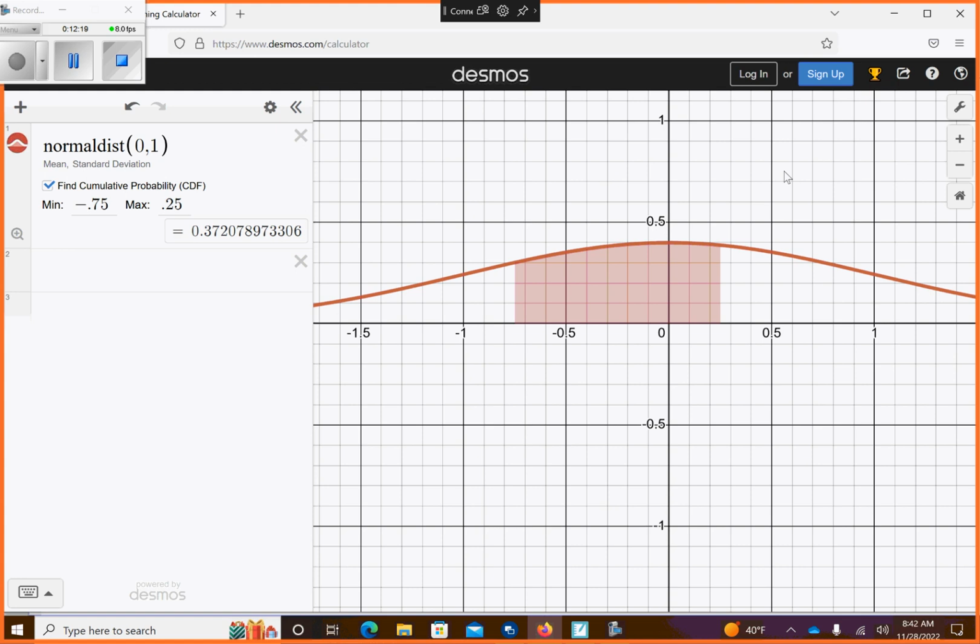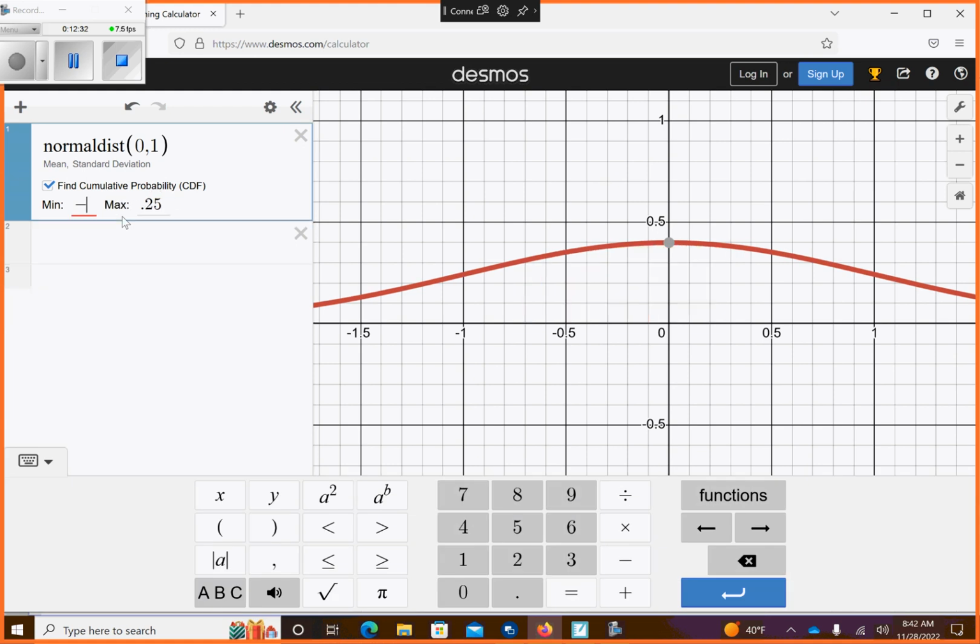If you're using your graphing calculator, the TI, you would plug in a really large number for a right bound. So if we wanted a value greater than 0.75, I'm going to change this to 0.75, and I'm going to change this. I think I can go with infinity.